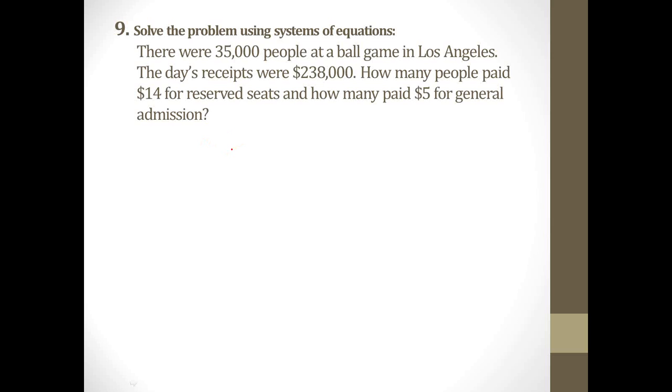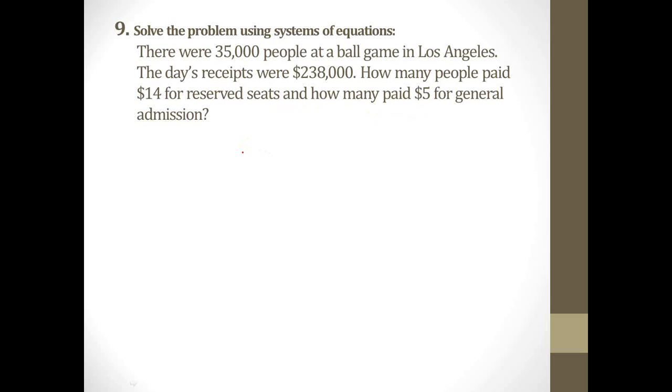Okay, it's saying that there were 35,000 people at a ball game in Los Angeles. Also, it's saying that they sold $238,000 worth of receipts. And some people paid for reserved seats and some paid for general admission.